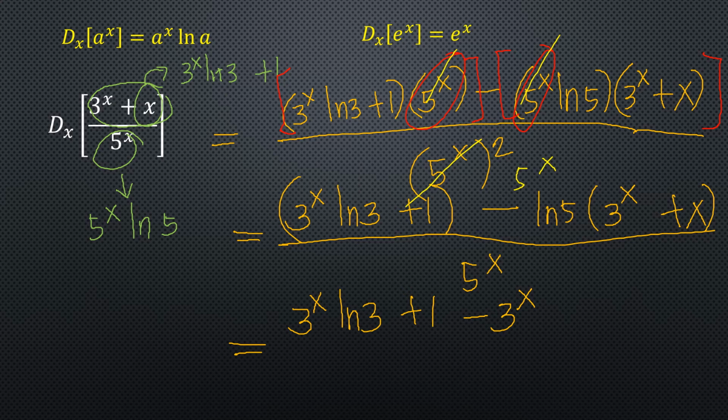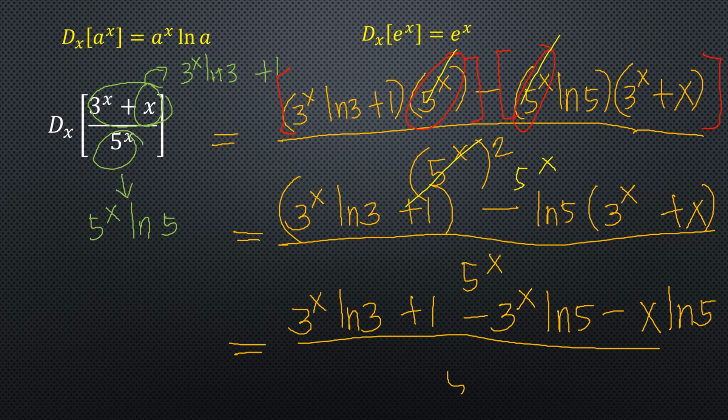So distribute ln of 5, so we have 3 raised to x, ln of 5 minus x ln of 5 over 5 raised to x.